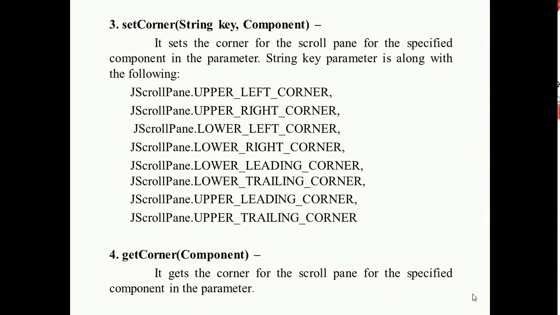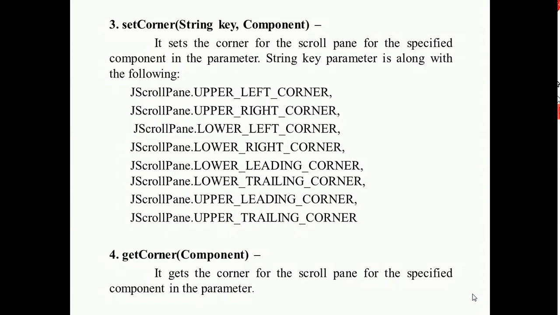JScrollPane.LOWER_LEADING_CORNER, JScrollPane.LOWER_TRAILING_CORNER, JScrollPane.UPPER_LEADING_CORNER, and JScrollPane.UPPER_TRAILING_CORNER. These eight are the values of the string key. So the setCorner method is simply used to set the corner of the scroll pane.